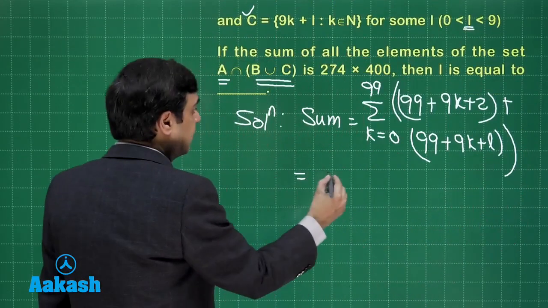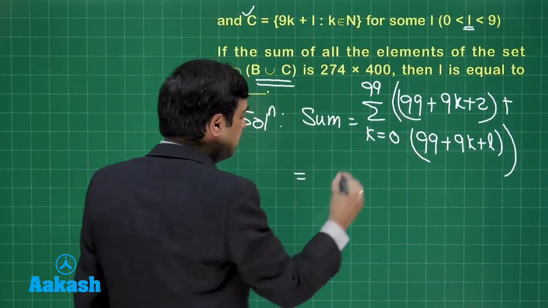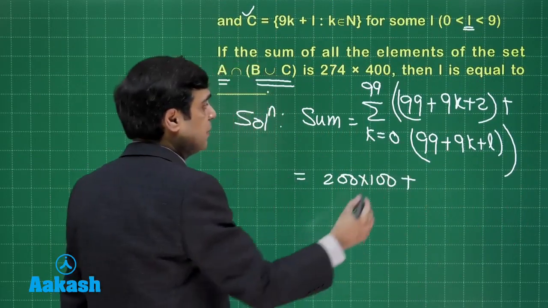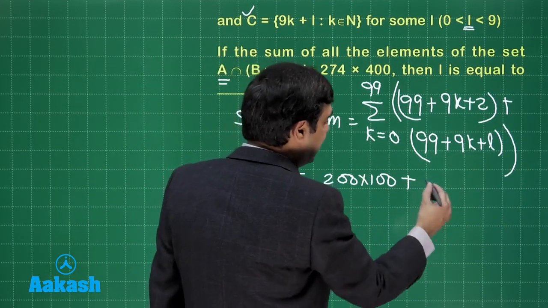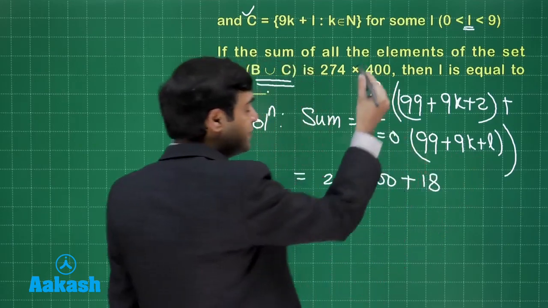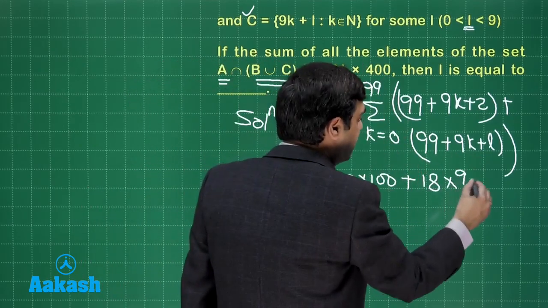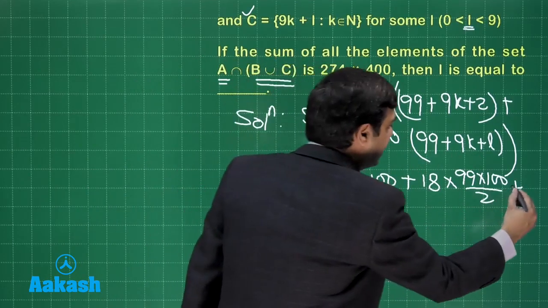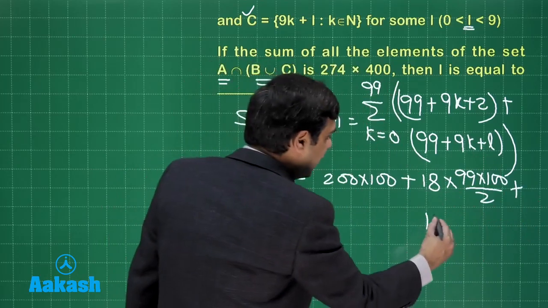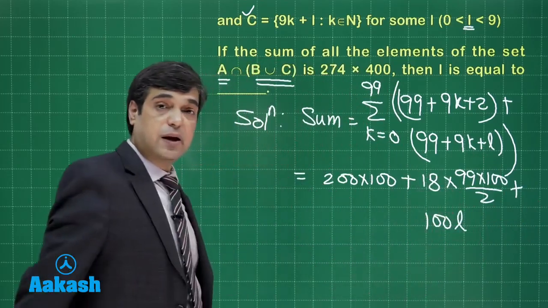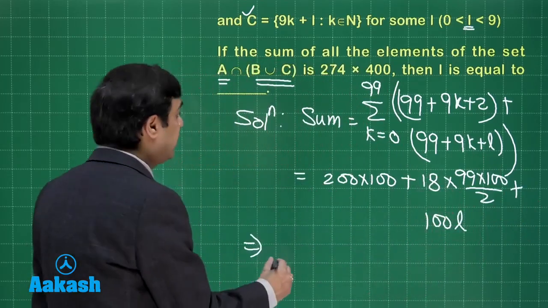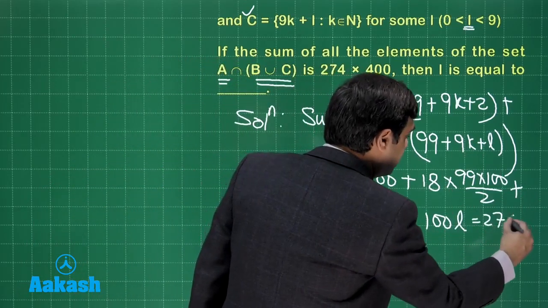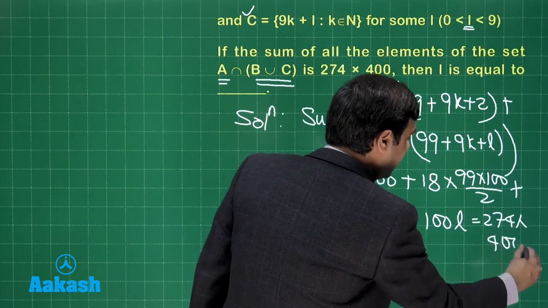This is coming as 99 plus 99 plus 2, that is 200 into 100, plus 9k that is 18, and k is 0 to 99, so this becomes 18 into 99 into 100 upon 2, plus next is L, so this is 100L. Now this value is given to me: 274 into 400. So let's say this is equal to 274 into 400.